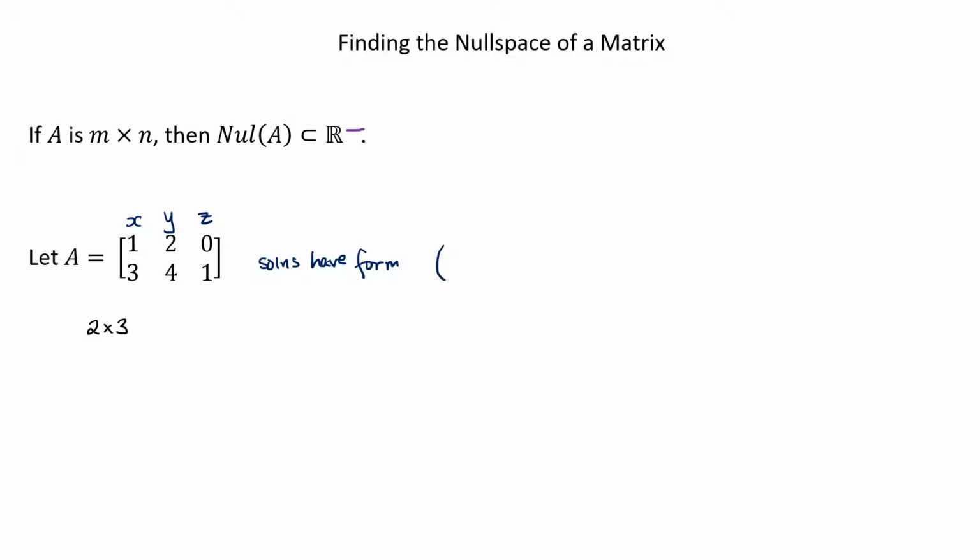That is, they're going to live in R3. Similarly, in general, if we have an m by n matrix, the number of columns n tells us the size of the vector in the null space. So the null space is going to be made up of vectors in Rn.